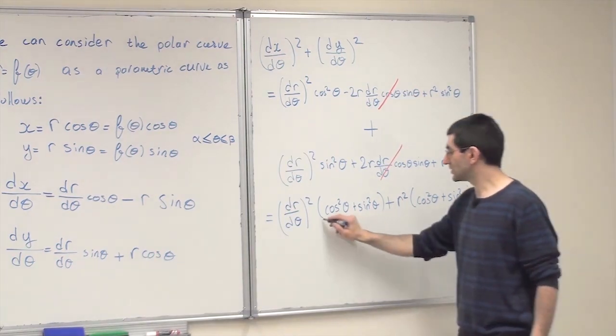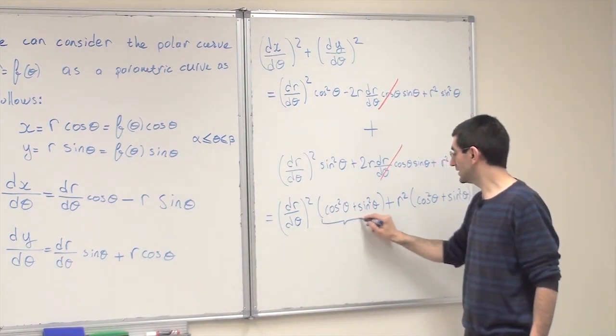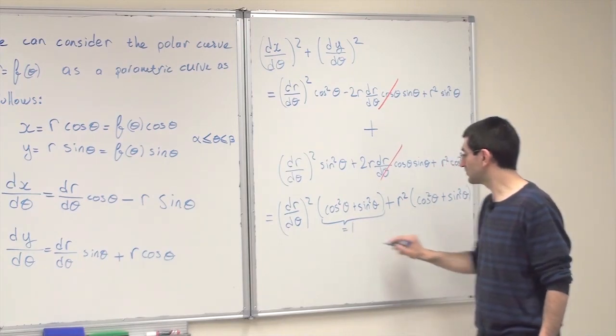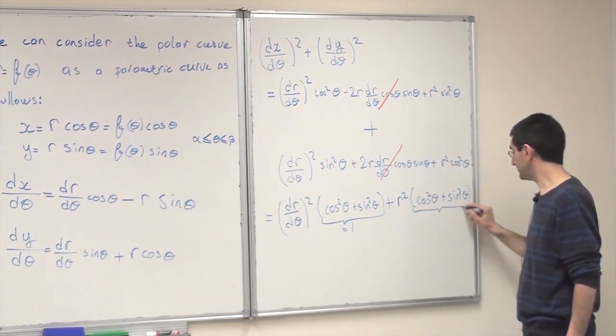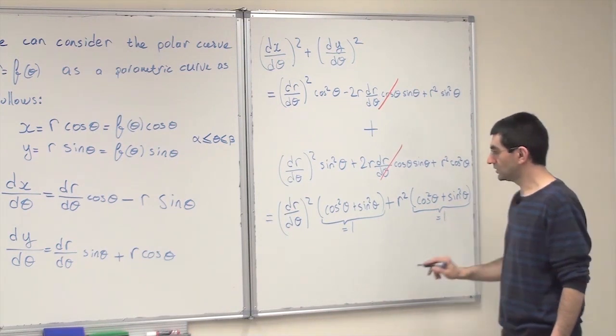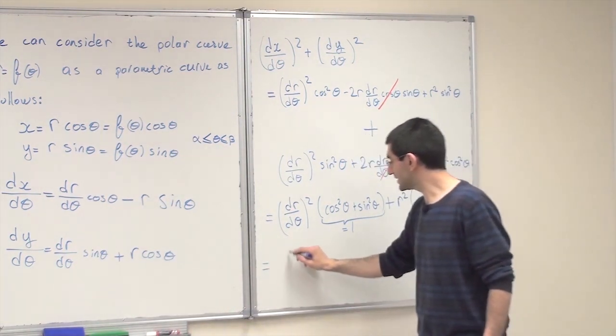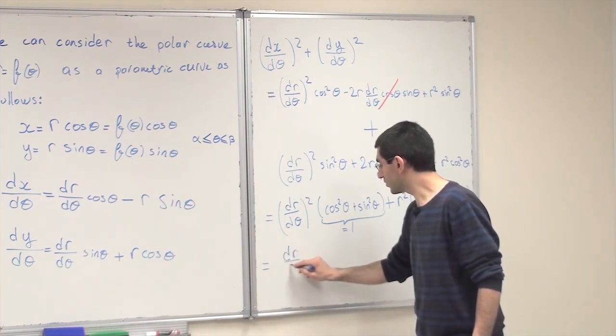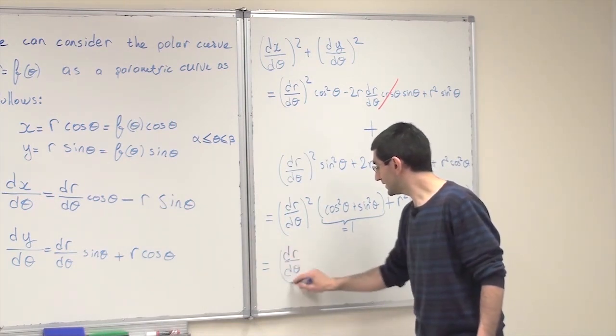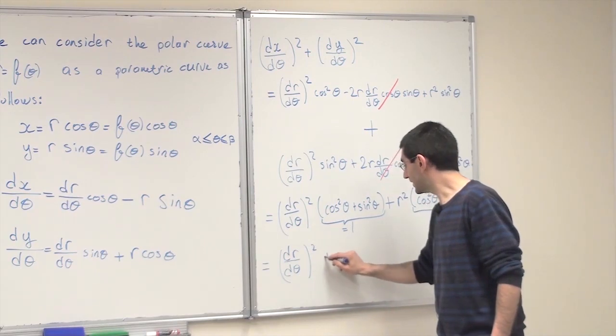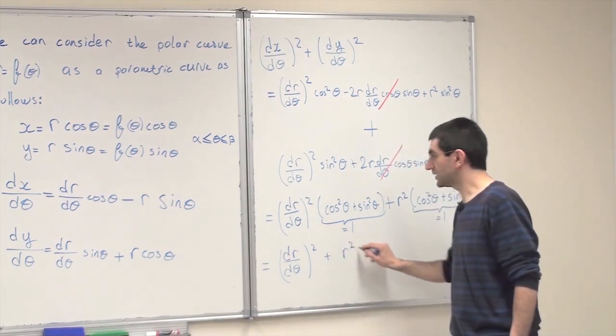Now we use the trigonometric identity which says that cosine squared plus sine squared is equal to 1. So this sum of squares finally simplifies to dr over d theta all squared plus r squared.